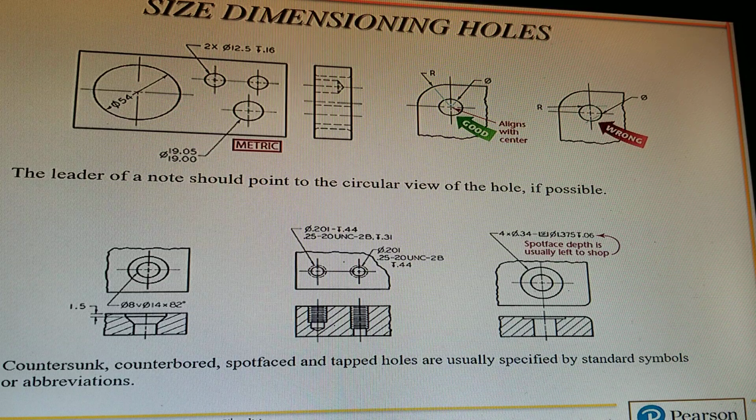So the top view is how the threads are drawn and labeled, and then the section view down below just shows you how they would actually draw the threads if they were going to do that. And on the right hand side you have a spot face. Okay, a hole with a spot face in it. Spot face and counterbore are similar, except spot face is just real shallow, not very deep.